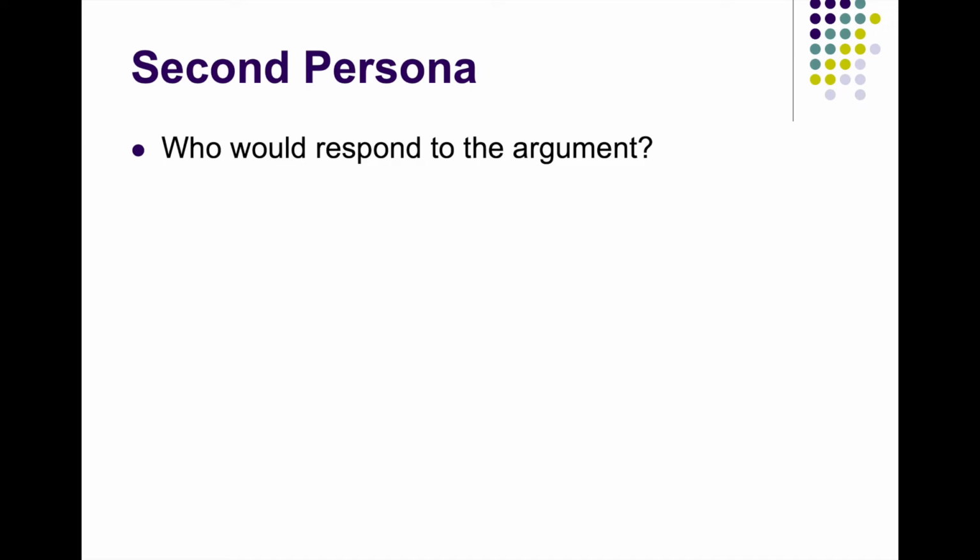If we think about the first persona, the first person being the person speaking, and the second person, the person to whom the speaker is addressing his or her remarks, then we have this idea of the first persona and second persona. The first persona is what Aristotle would call ethos. That is, it's the image or character of the speaker that emerges from the discourse.